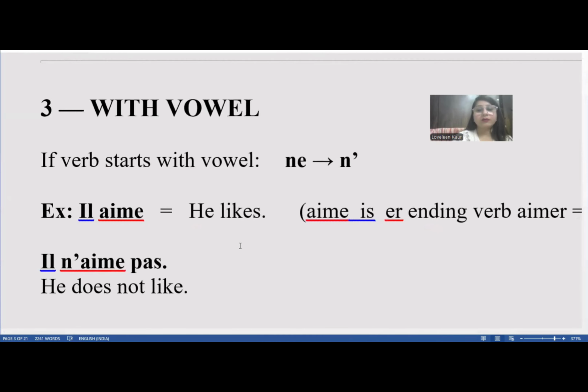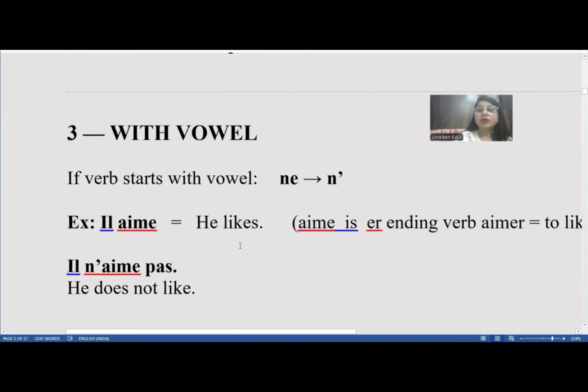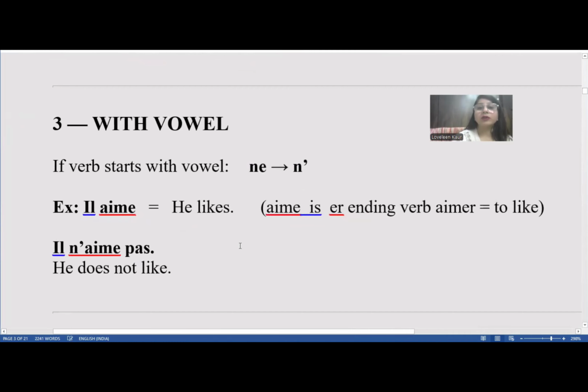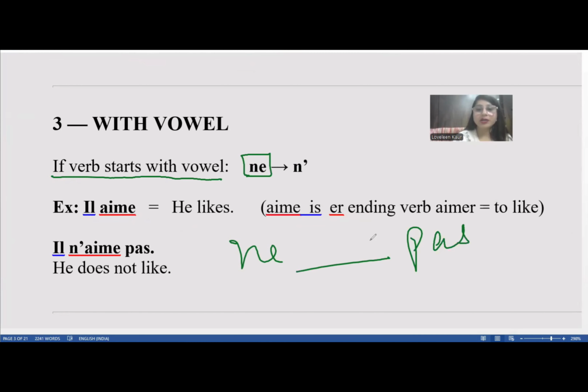And now here, one more thing. Sometimes some verbs start with a vowel, right? So what happens? If the verb starts with a vowel, for example, we said ne and pas will come around the verb, right? So now in this case, what would happen? Ne will change to an apostrophe.